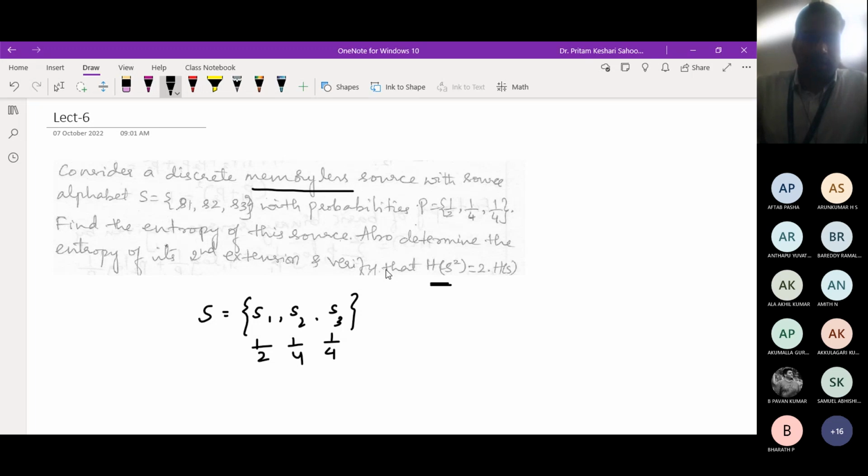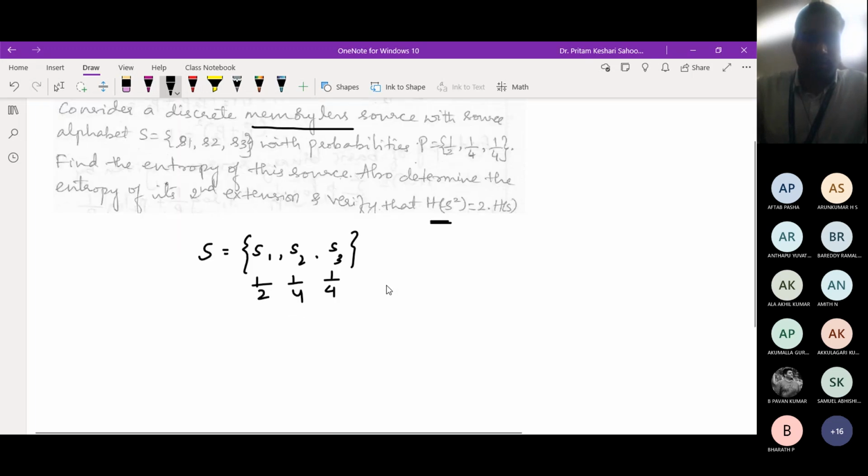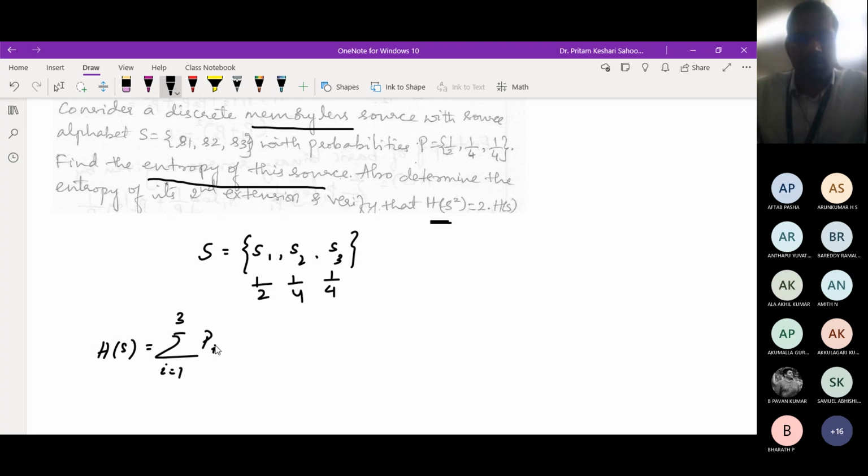So let us first address the first question, then we'll go to the second part. The first is to find the entropy of this source. So we know the entropy of this source is the sum over i equals 1, 2, 3, because you have three symbols here, of pi log base 2, 1 by pi.